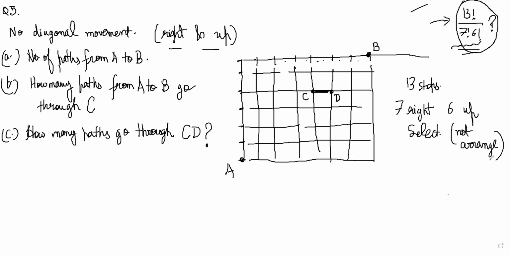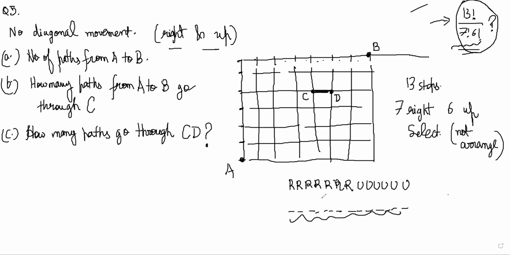Correct. It's a sequence of rights and ups. If you put 7 rights and then 6 ups, that is also fine. Out of 13 spots, you have to put 7 rights somewhere, and the remaining will be ups, right?